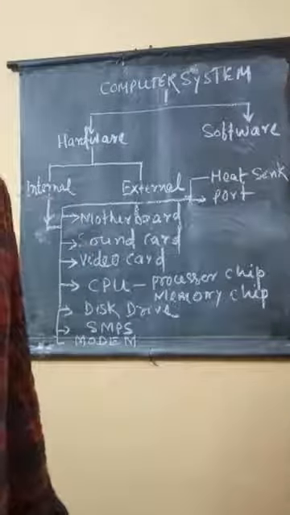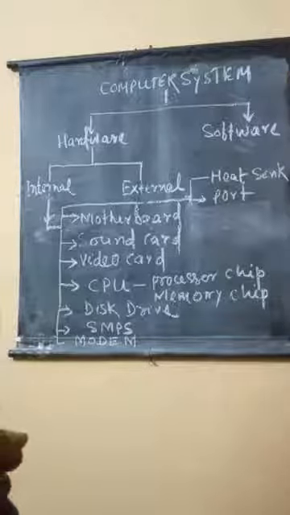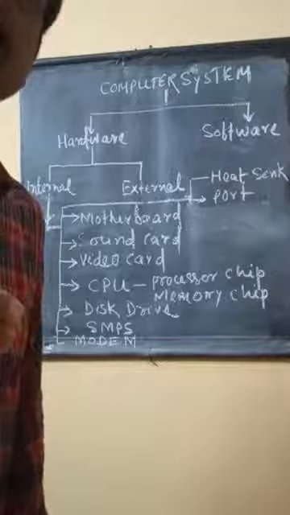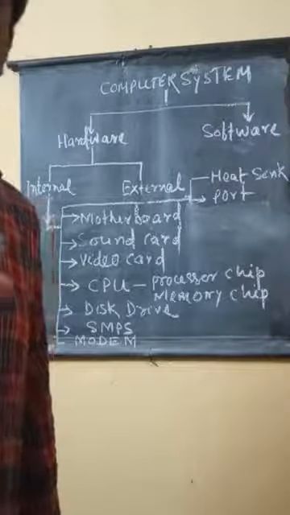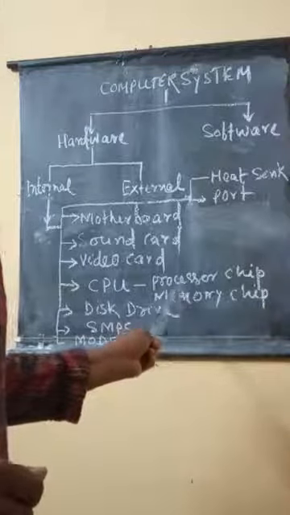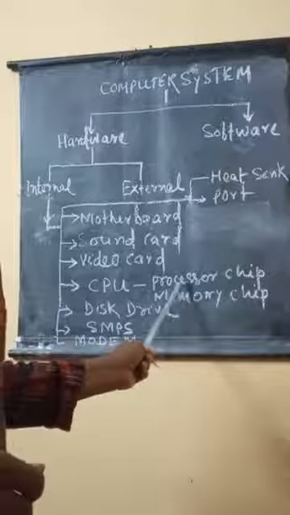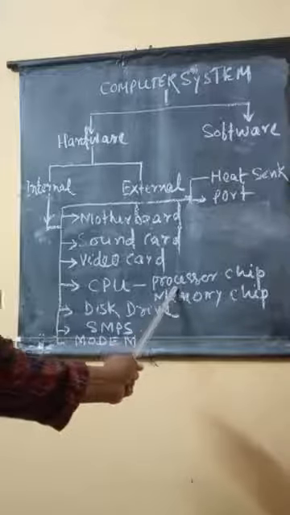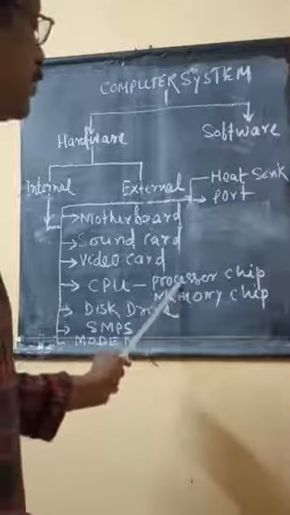One, the arithmetic logic unit, which does arithmetic and logic work, all types of calculation, mathematical addition, subtraction. Who performs this? This processor chip. Due to this processor, all types of processing and calculation work are performed. Then the control unit is also here.